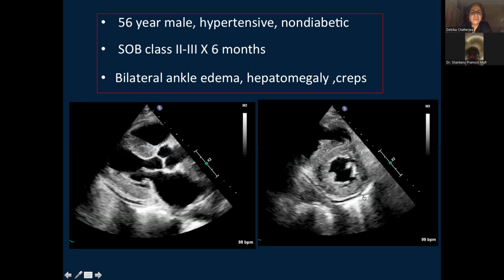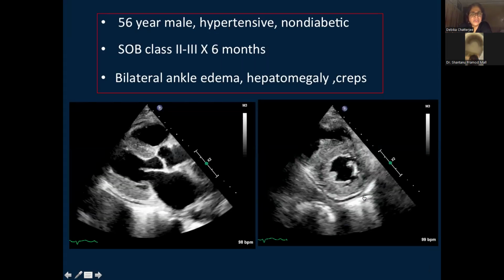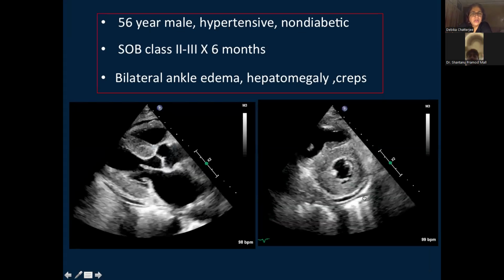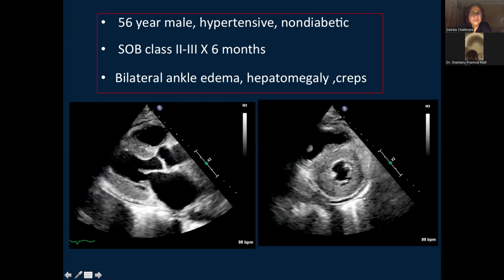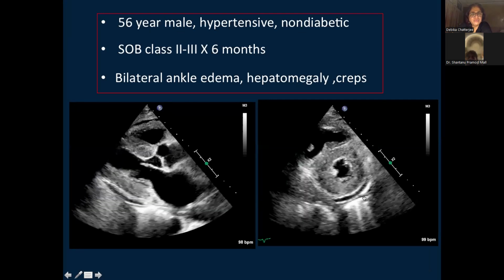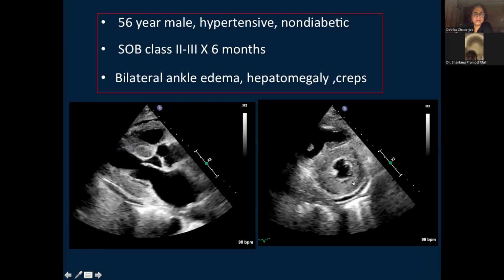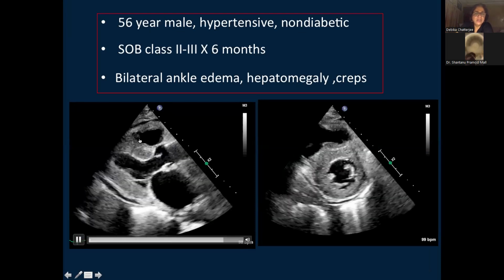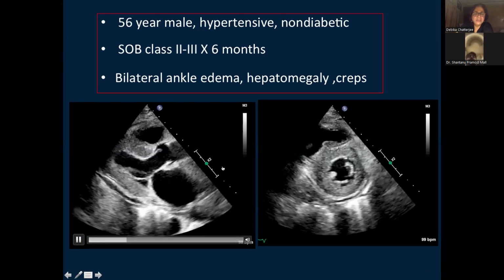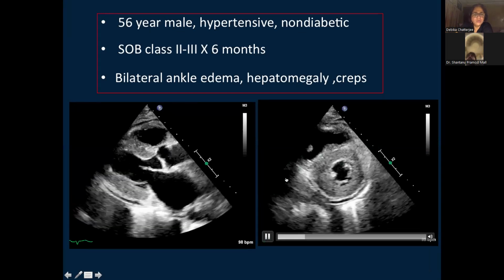Here is the patient. See, 56 years old male, hypertensive, non-diabetic, complaining of shortness of breath for 6 months in class 2 to 3, bilateral ankle edema, hepatomegaly, crepitations. Look, LA enlarged, there is thickening of the myocardium. This is a patient of cardiac amyloidosis.